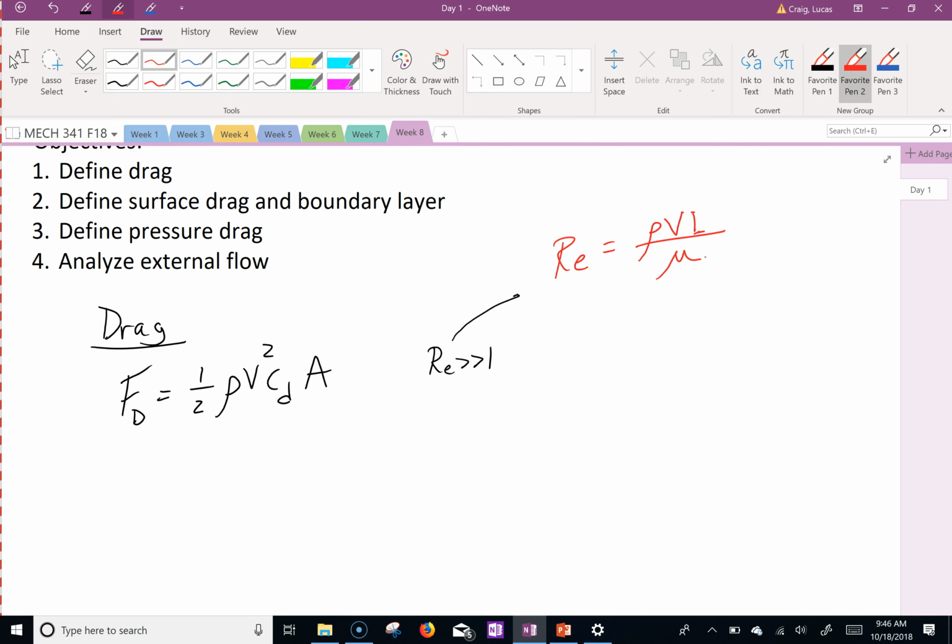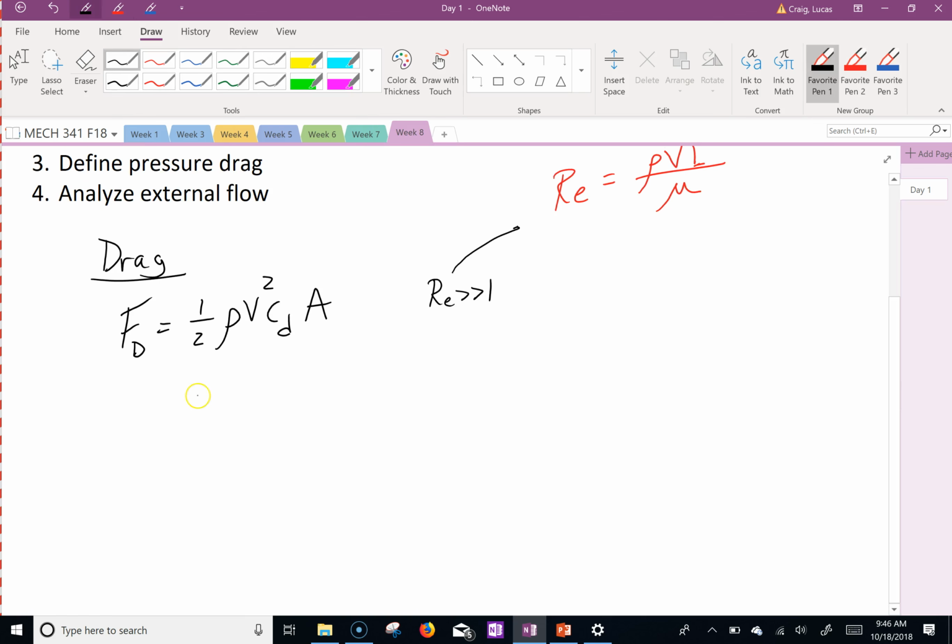Or if you have a steel ball dropped in oil, there's a different equation. If you want to write it down, I don't have it in my notes, but I remember 3 pi mu V times D, over CC, and I'll talk about what that is. That's for oil, when the Reynolds number is less than 1.